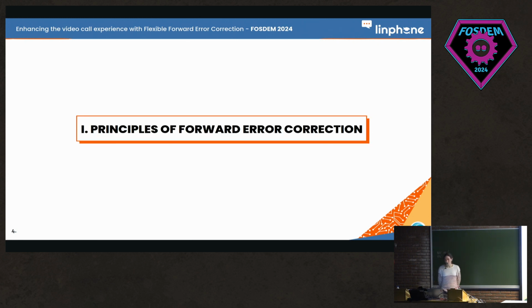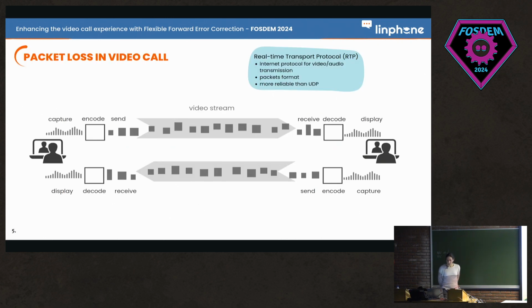So at first, let's talk about the forward error correction. If you see this schematic way to represent a video call, you have at first two people who share a video call. On the sender side, you have a device that captures the video. The signal is encoded by a video encoder that transforms the signal into frames.